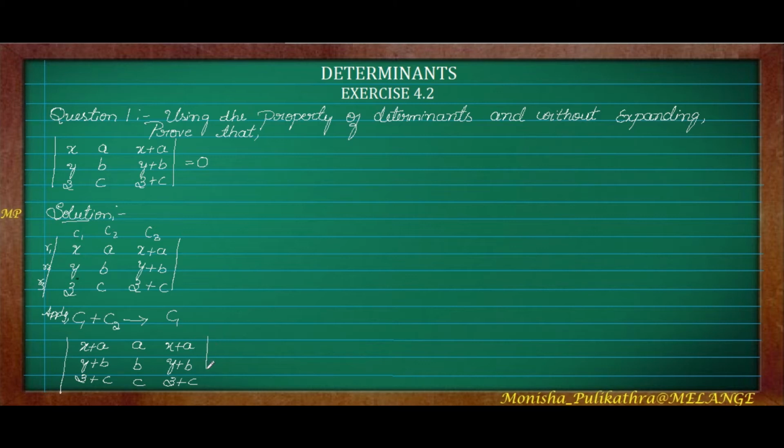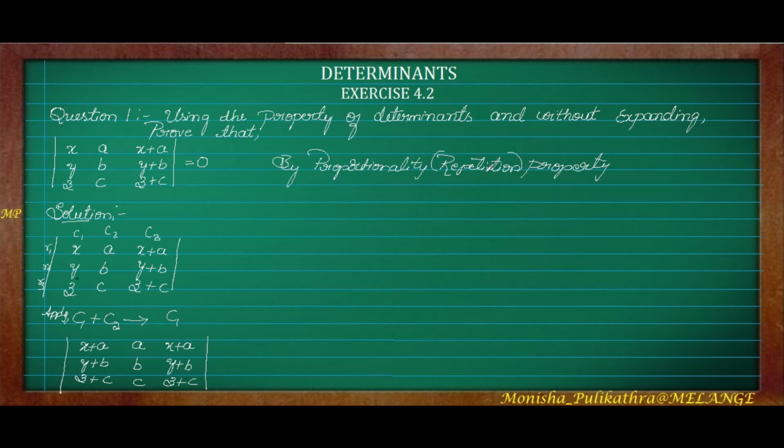In determinants, there is a property called proportionality or repetition property. Because in the question itself they have given the property, using the property we have to solve the problem.